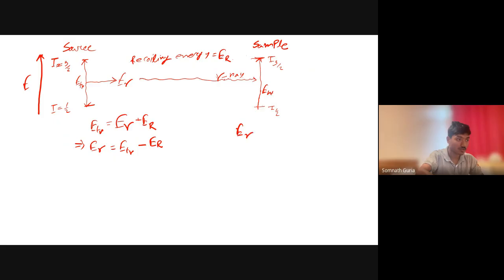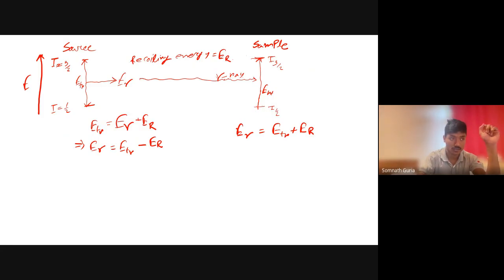What is the energy of the gamma ray? It equals my E of transition plus E of my recoiling energy. That means we need a gamma ray which is higher than my E transition because of the recoiling energy needed to absorb, to match my ground state to the excited state of my sample.